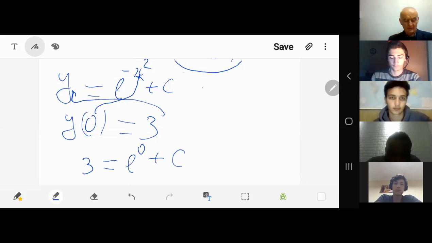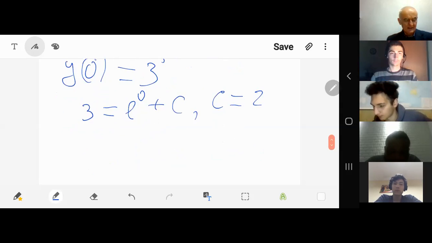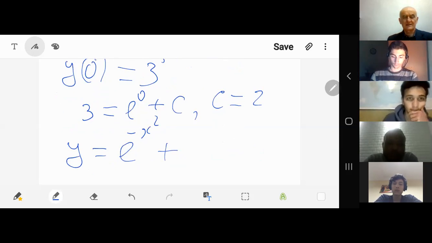So we have from here c equals 2. It means finally our solution for this problem is y equals e to power minus x squared plus 2.